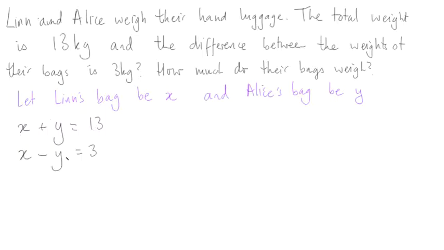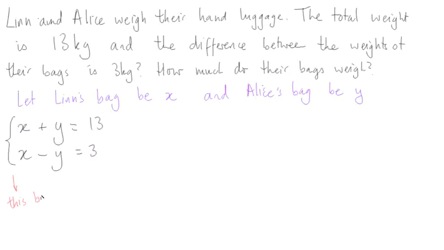And since these two equations both involve the same variables, Alice and Lynn's bags, then we say that these are a set of simultaneous equations, and you put a little curly bracket around it like this to show that it's a set of simultaneous equations.